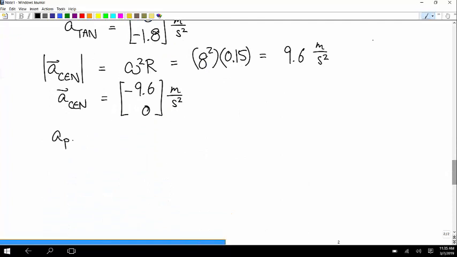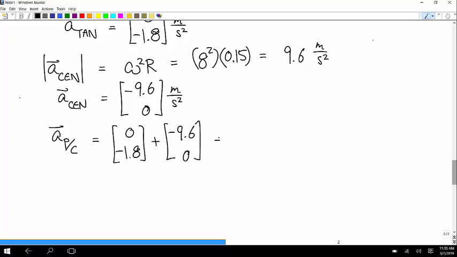So the acceleration of P relative to C is 0, negative 1.8 plus negative 9.60. And that's negative 9.6, negative 1.8 meters per second squared.